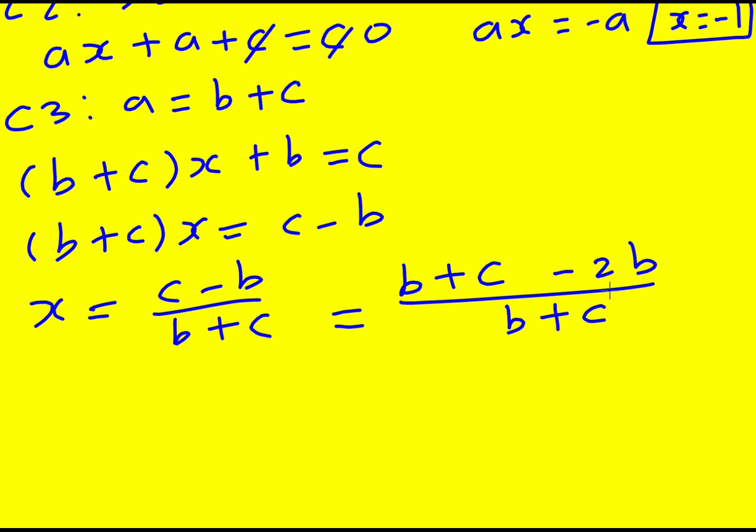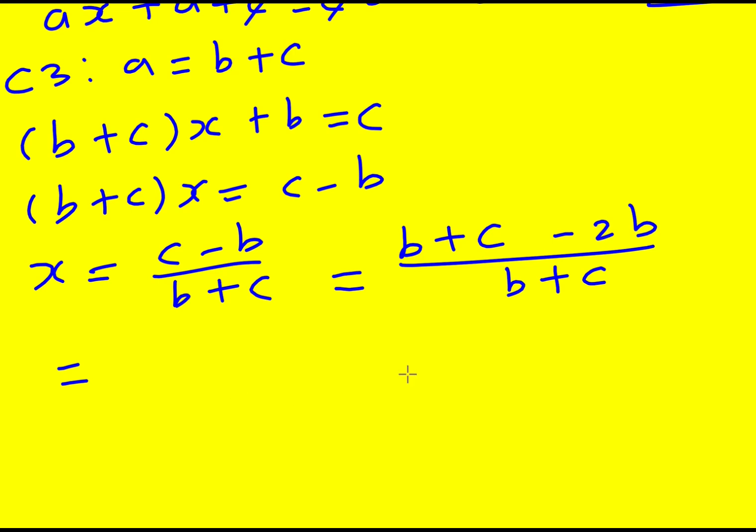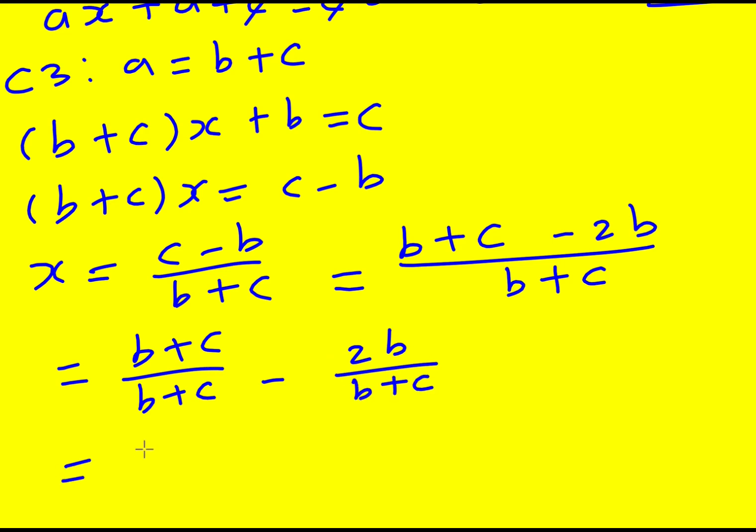I'll show you why that is useful, and it's useful in different areas in maths. I can now separate it into two fractions. So it's actually going to equal 1. This is looking a little bit simpler because I've got a simpler fraction to look at.